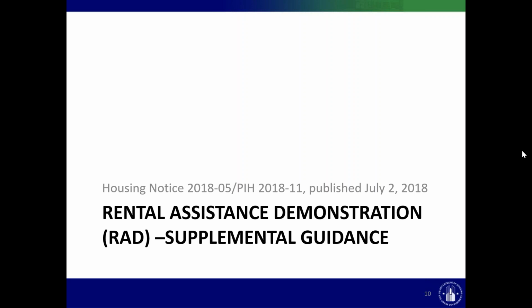We were asked also about the 2018 RAD rents. No, they're not posted, and that's because we can't calculate the 2018 RAD rents until the end of the fiscal year when operating fund data is finalized. So near the end of this year, we will publish the FY 2018 RAD rents.